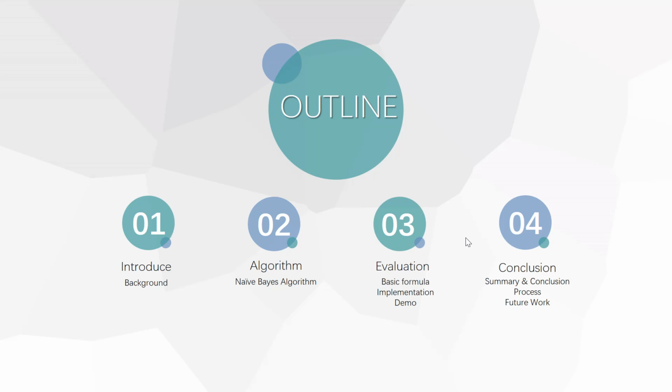I will show some basic formulas and how I implement my thoughts in code, and I will show a demo to make it easier to understand what I did. The last part is the conclusion. I will show a summary and conclusion, the process of the project, and some future work. I will make some improvements in the future.